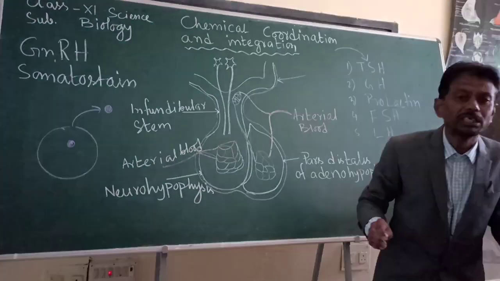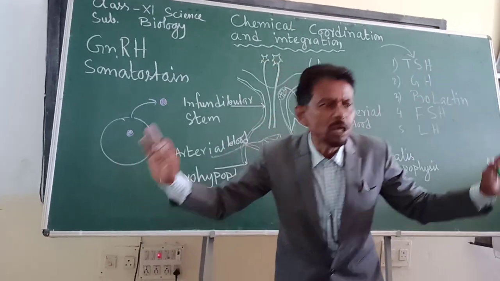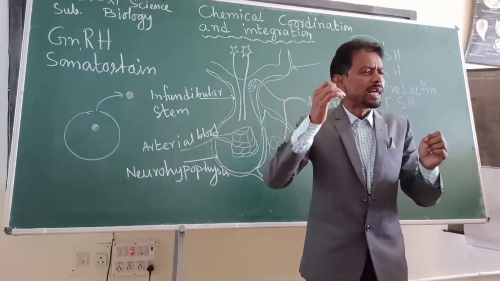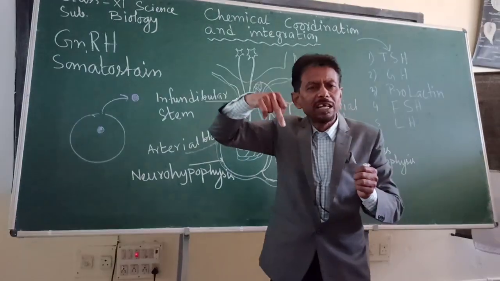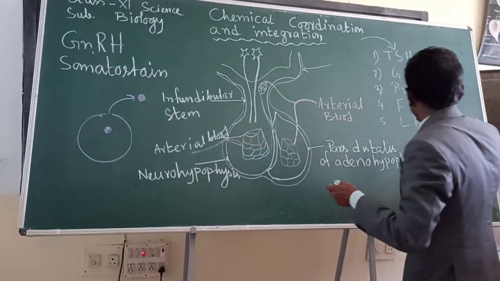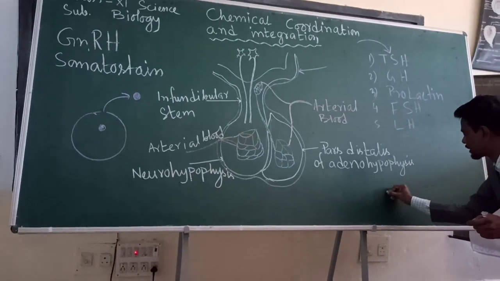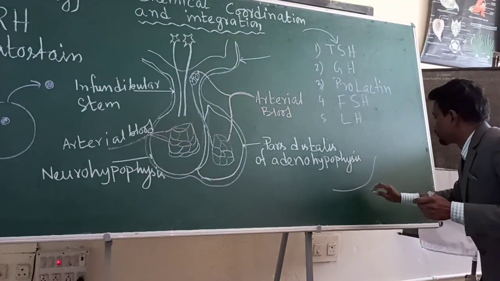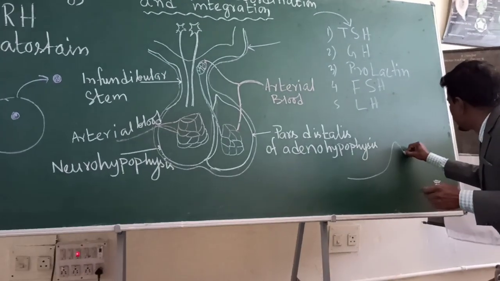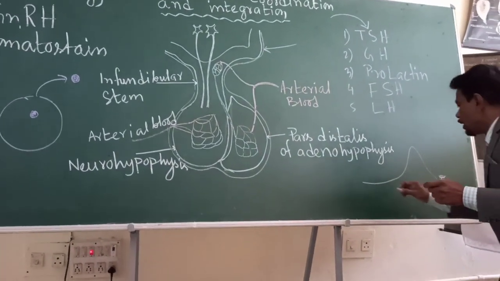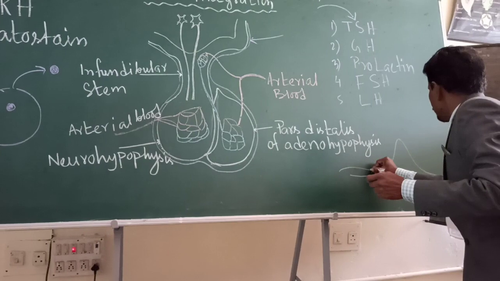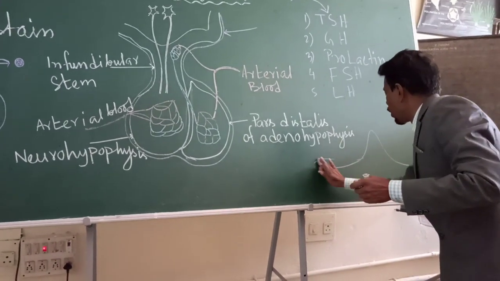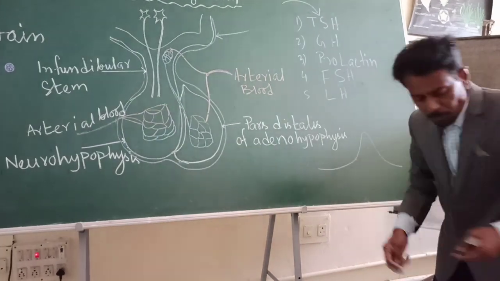Luteinizing hormone. What is its full form? Luteinizing hormone. So when LH hormone is secreted and reaches its peak in the menstrual cycle, it gradually increases and reaches its peak. This is your FSH hormone.